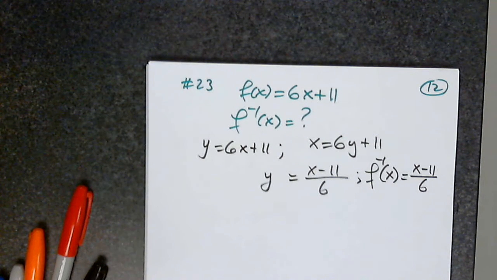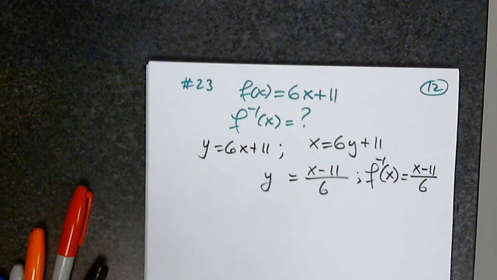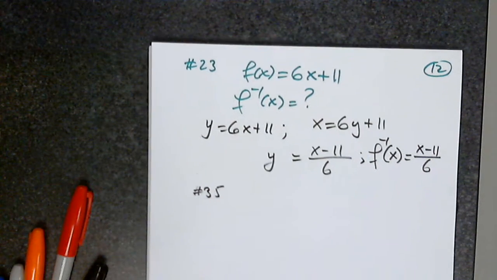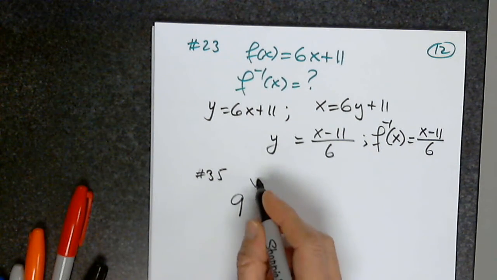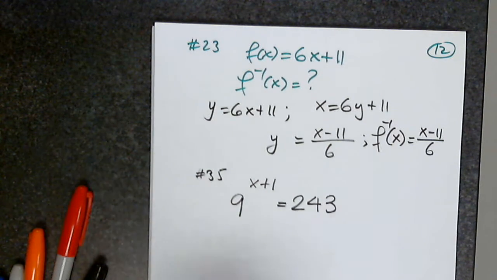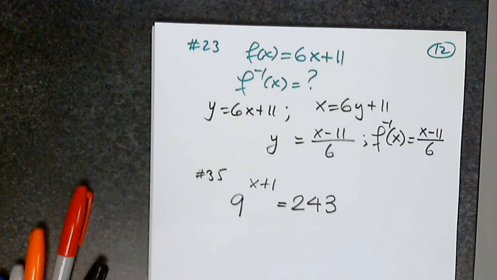Let's solve 35. 9 raised to x plus 1 equals 243. What type of equation is this? Good.